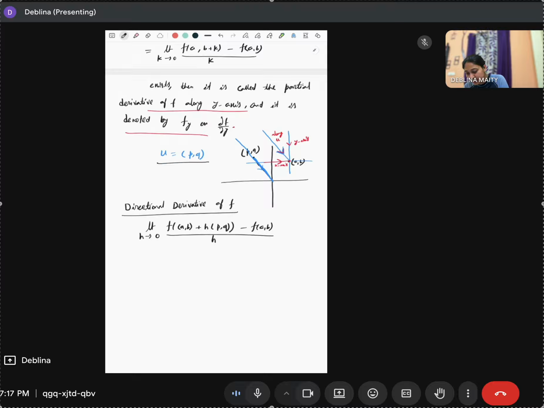So here u is this number. This limit is called the directional derivative of f along the direction u, it is PQ, right? This is called the directional derivative of f along this direction u, right?